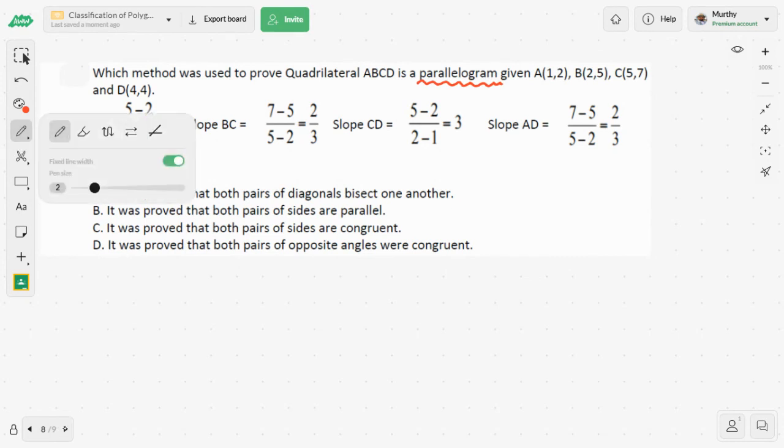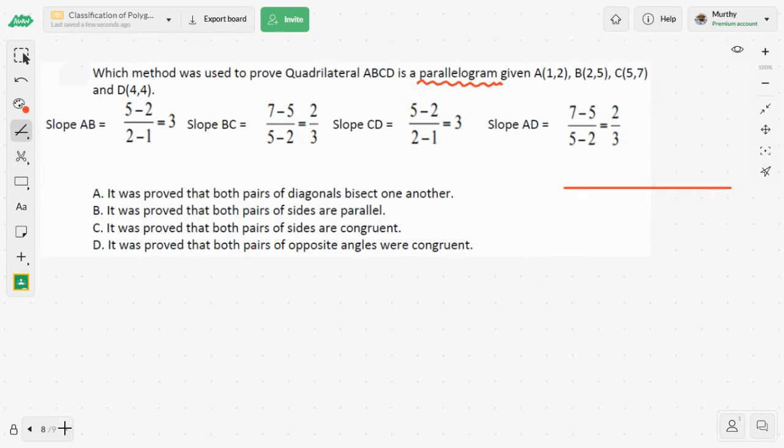So let me think of a parallelogram and draw a freehand sketch of it. So this is the parallelogram.